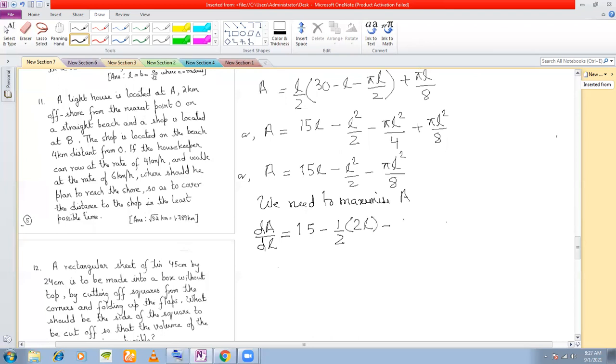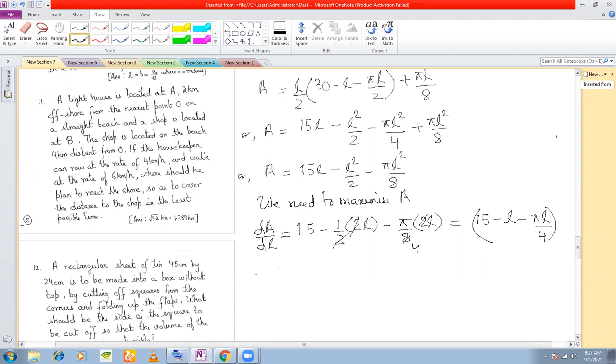Minus, take pi by 8 out, d/dL of L square is 2L. You understood this differentiation, or any question? Okay, so this cancels, you get 15 minus L minus pi L by 4. This is what you get after differentiating.